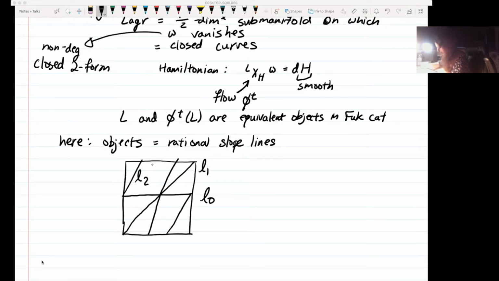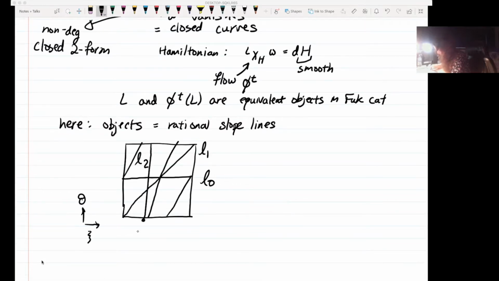And we also have a vertical Lagrangian. So if we call this direction C and this direction theta, we have this vertical Lagrangian at some C0.